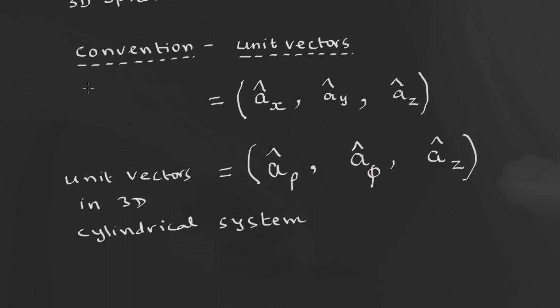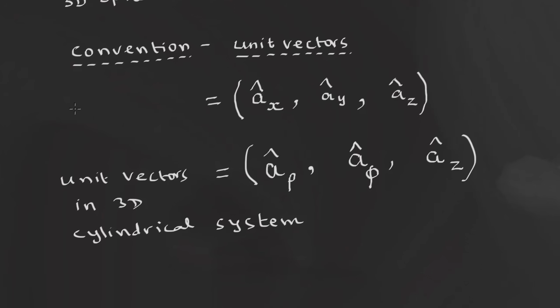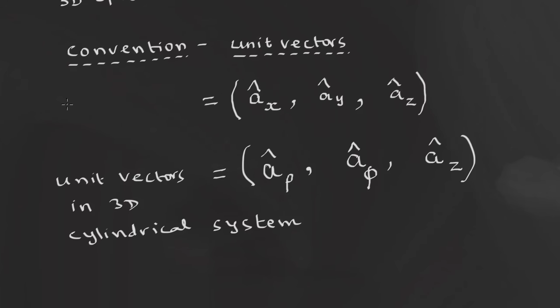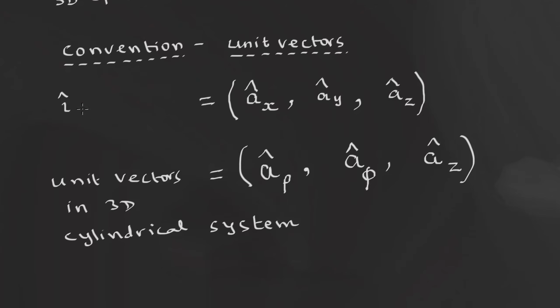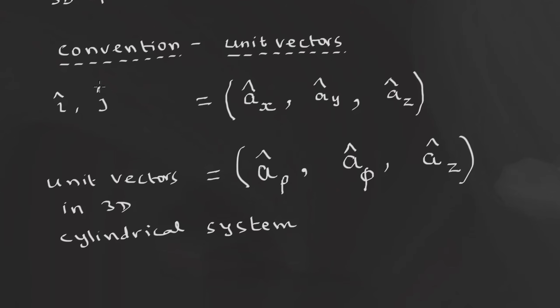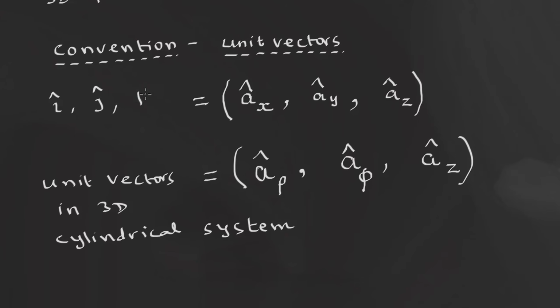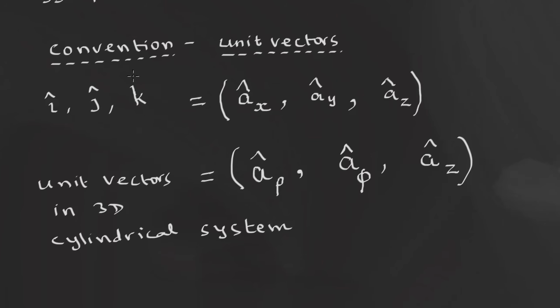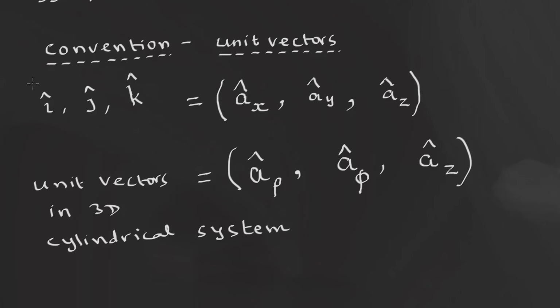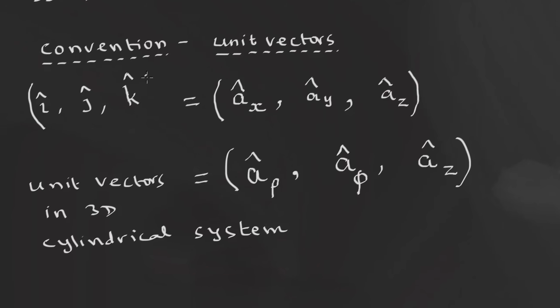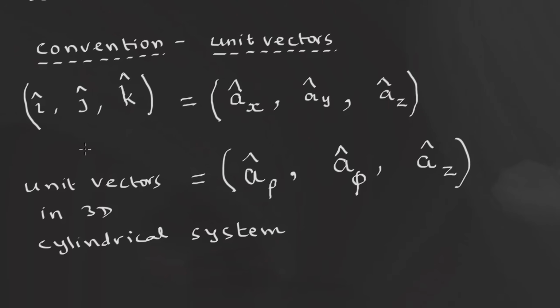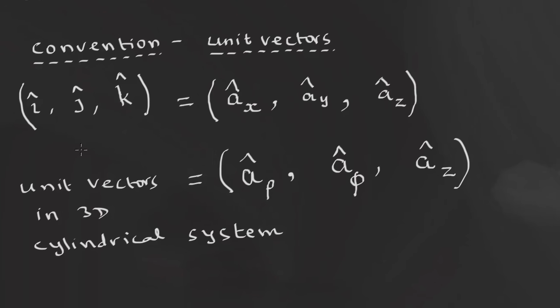Usually Cartesian system unit vectors you are already familiar. Usually in mathematics we used to write I vector, j vector for along the y-axis and k vector along the z-axis. So this is the standard notation in mathematics that has been used. You have been using this I comma j comma k unit vectors in the Cartesian system.